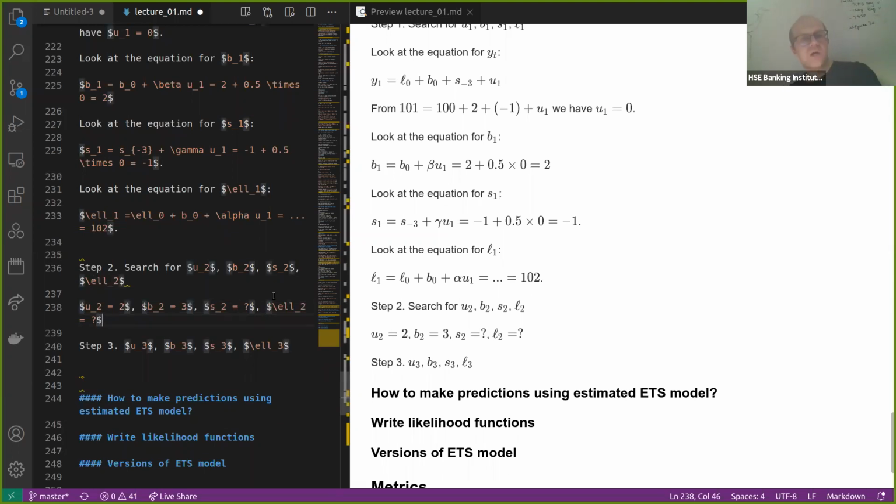Who has found S2, L2, B2, and U2? Who is not lazy? Who has the same result as Elizaveta? Elizaveta, thank you very much for being active.